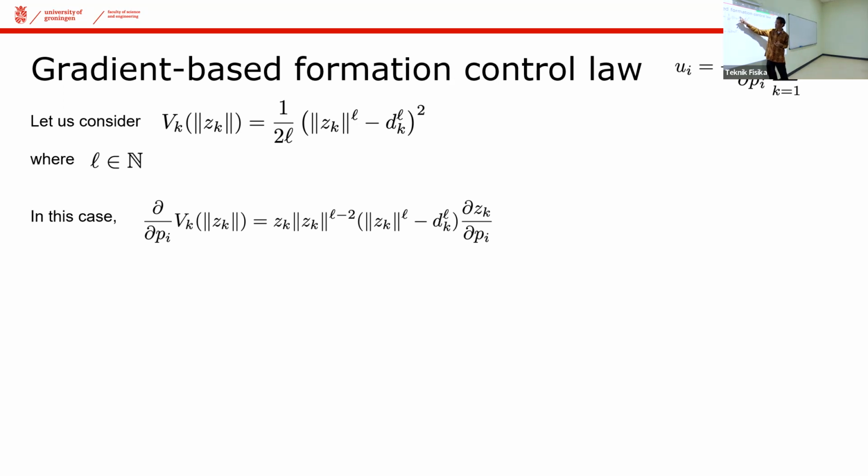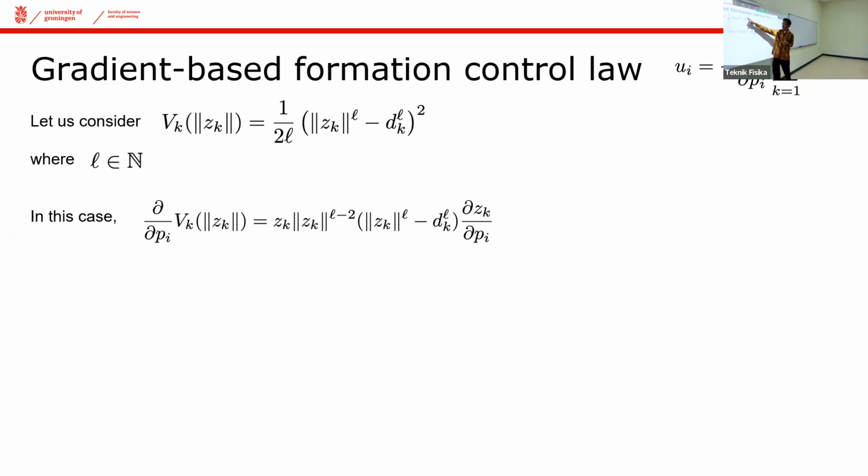So if you put 2, then it is just the current distance squared minus the desired distance squared for each individual edge, and then you put a square and 1 divided by 2 times L. In this case, L is 2, so 1 divided by 4.